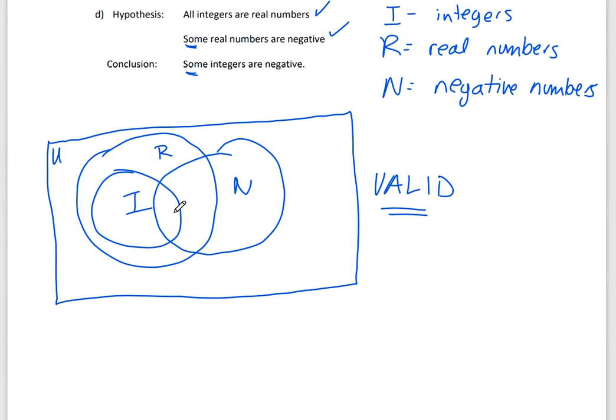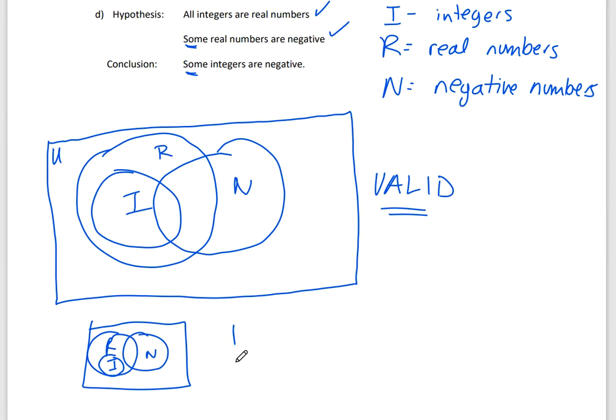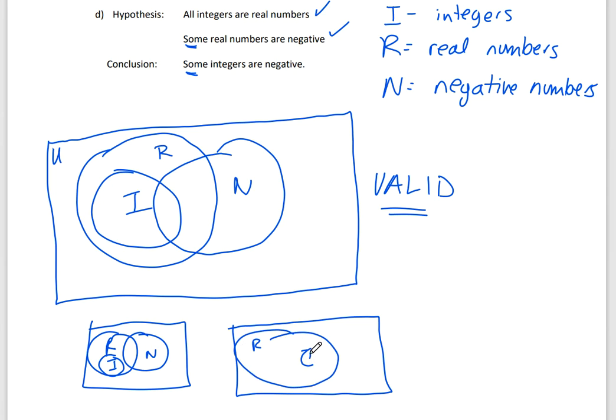So this is our one case where we have some intersecting. We could also have the Venn diagram where we have real numbers, integer numbers, negative numbers, or we could have real numbers, integer numbers. Oh, that was messy.